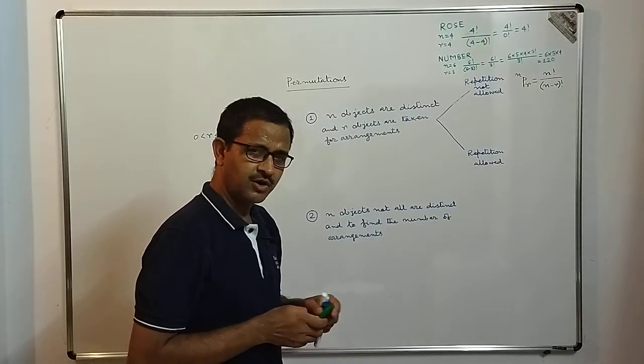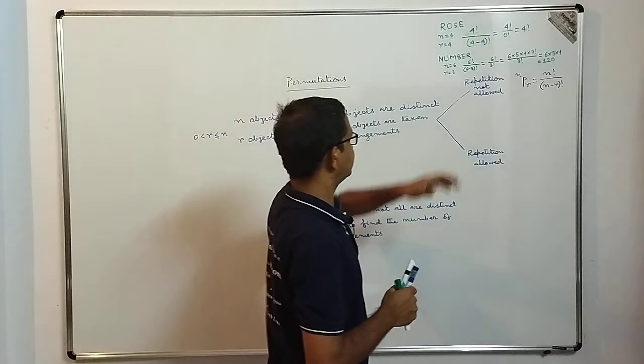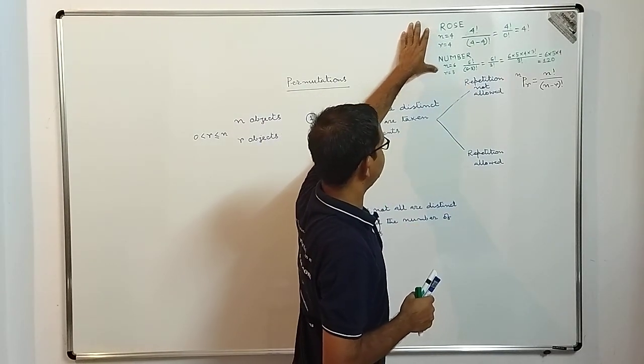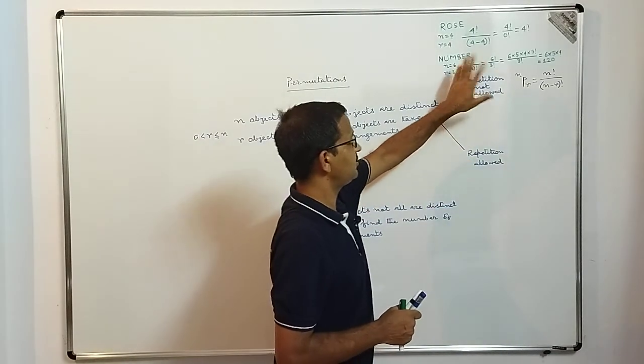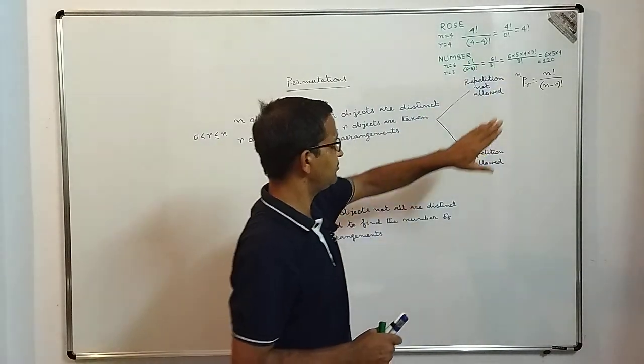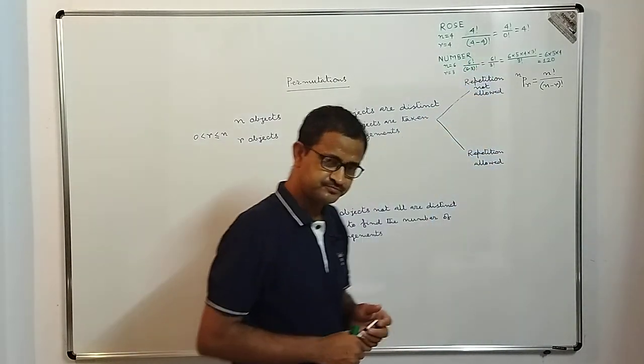If you recall, in one of our previous sessions we discussed this kind of problem with rose and number, and at that time we didn't use the formula, but we got the same result. So here we use the formula and get this one.